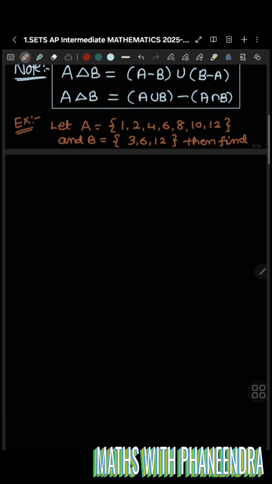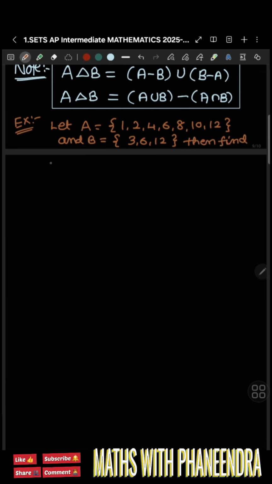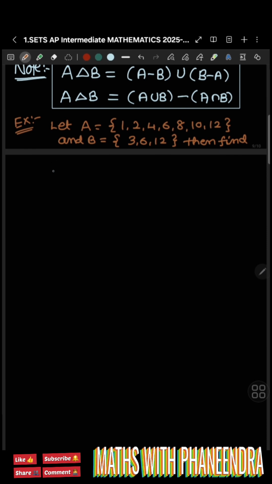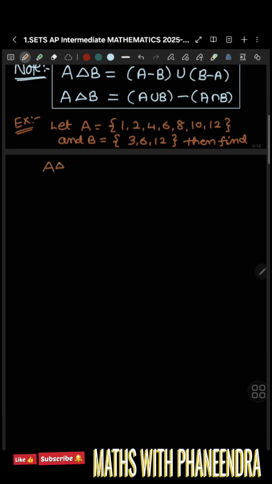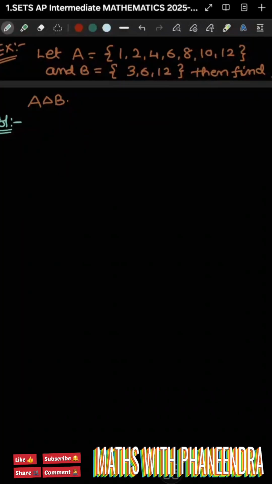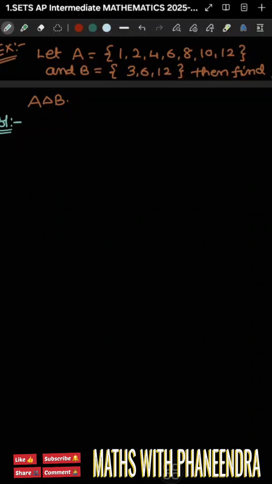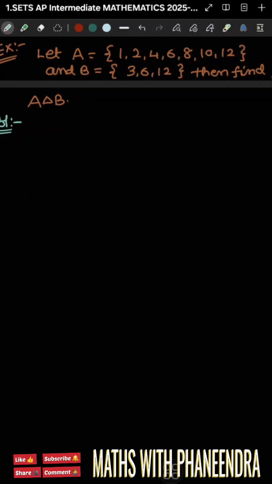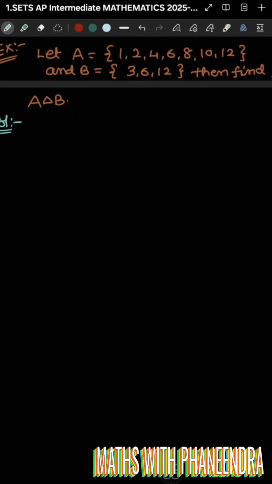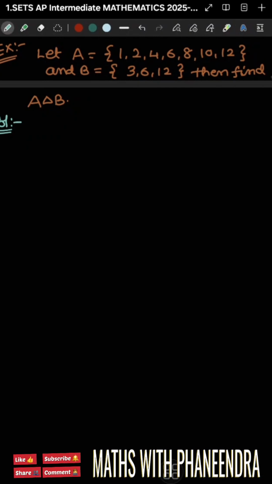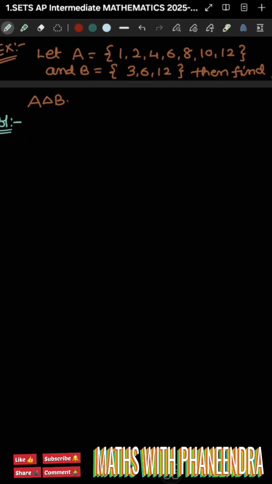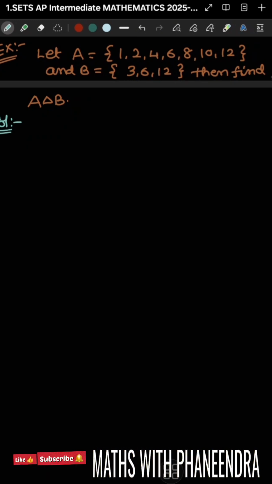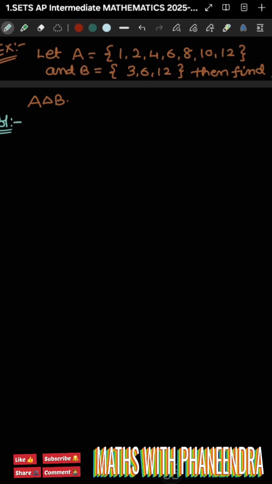Then find A delta B. For finding A delta B, we need to find A minus B and B minus A.